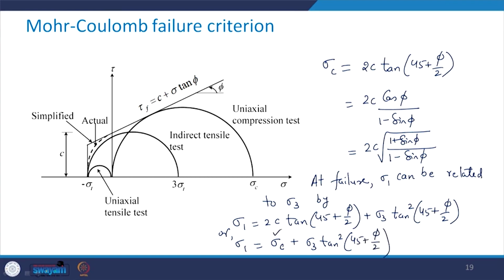Sigma c, you can see that here it is 2c tan of 45 plus phi by 2. So, I just represent this first quantity by sigma c.